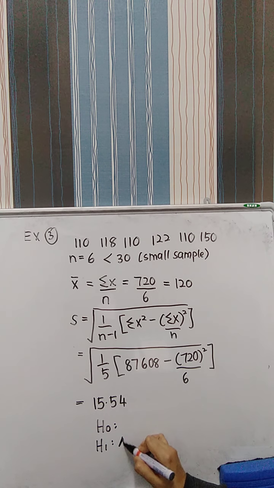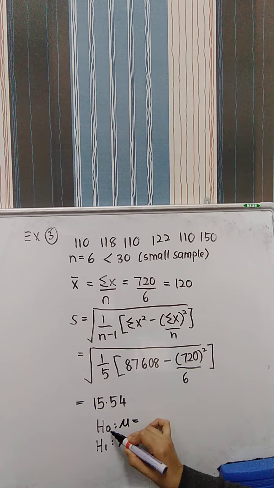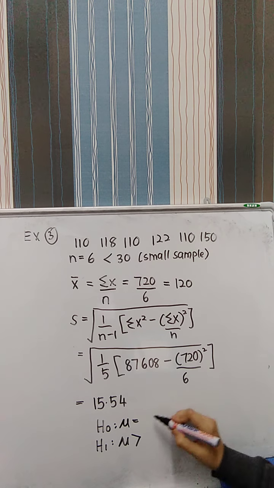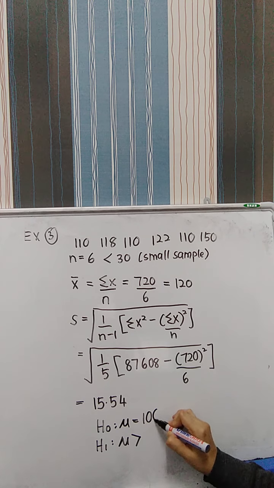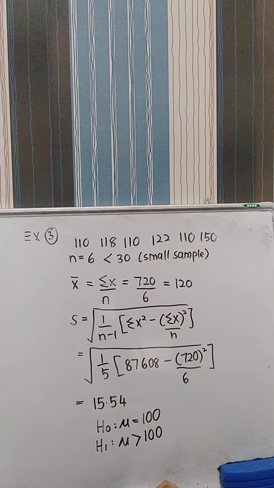So your mu here is more than. This one for H0 is equal. Smarter than the population average. What is the population average given? The population average given is 100 points. So equal to 100 here, and H1 is more than 100.